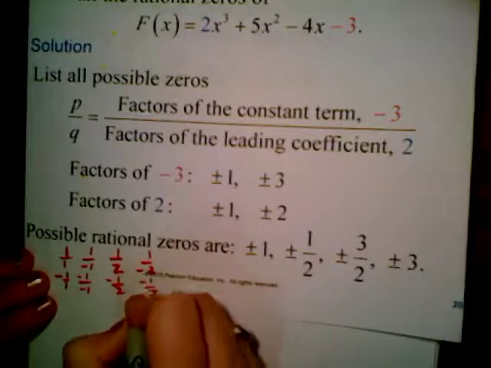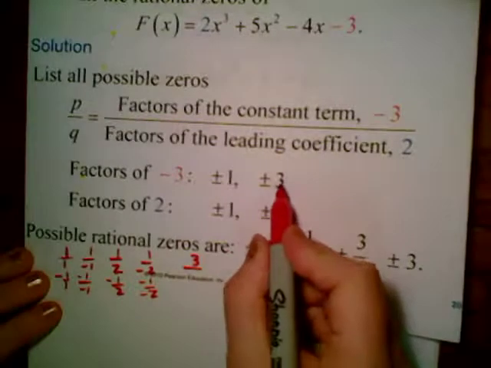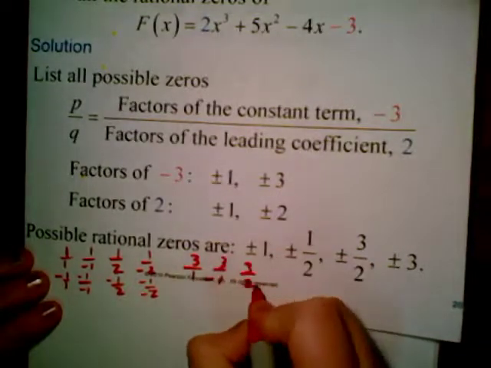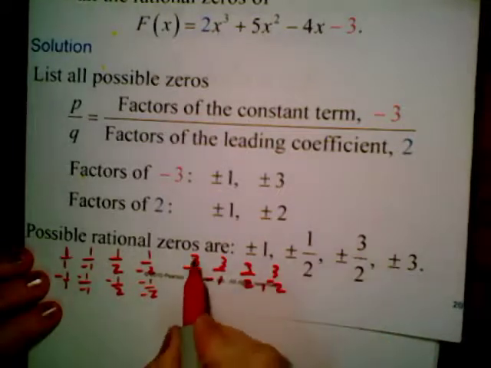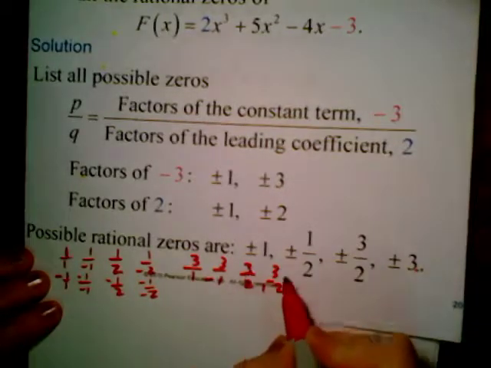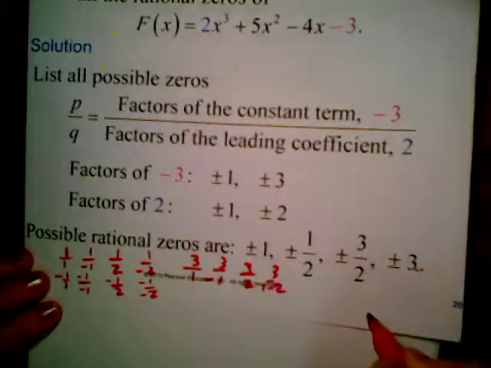But then when you switch over and let 3 be a numerator, you're going to put 3 over 1, 3 over -1, 3 over 2, and 3 over -2. That's the scratch work. And we get 3 and -3 as a possible rational zero. 3/2 and -3/2, if I put the negative there, as rational zeros.